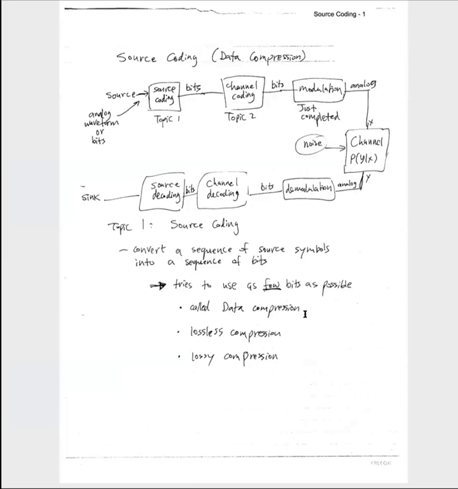Now this compression can be lossless, meaning we don't lose any information, or it can be lossy, where we can lose information. In our discussion about source coding, we'll only focus on lossless data compression. But let me give you an example of lossless and lossy compression. For example, if you represent an image as a PNG file, that's a lossless compression algorithm.